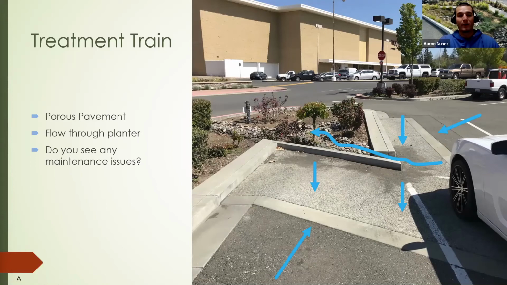As we're talking about this porous concrete, I could look at this and immediately know that if I came out here during wet weather, I would almost guarantee that the water is completely bypassing this porous concrete and going directly into the planter. So what was initially designed and the initial intent is not being achieved.